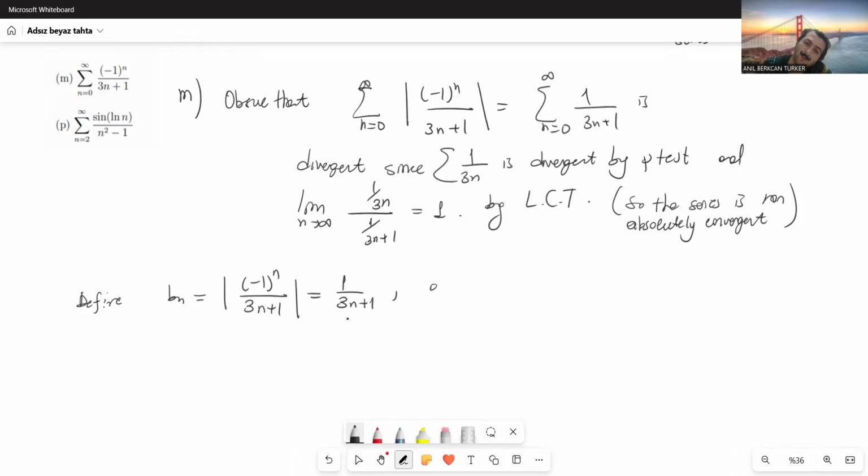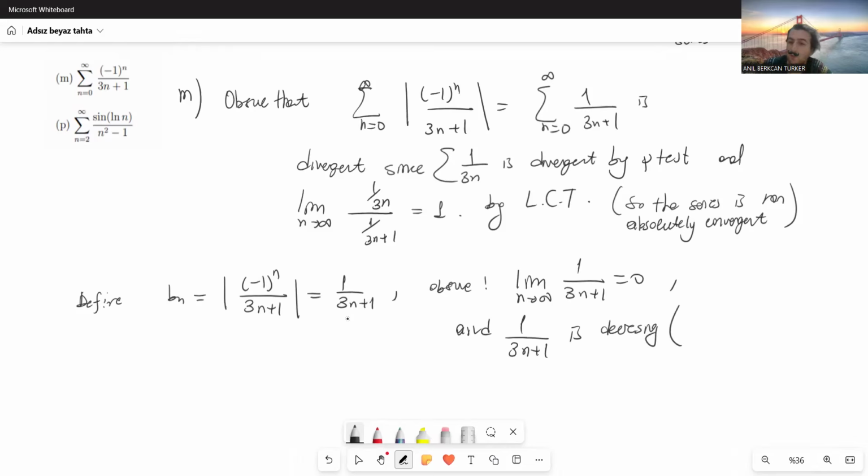Observe, very obviously, the limit as n goes to infinity of 1 over 3n plus 1 is 0, and 1 over 3n plus 1 is decreasing, either using the derivative or because 3n plus 1 is an increasing sequence, so it is decreasing.